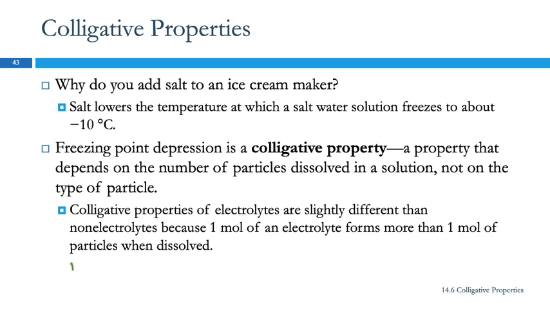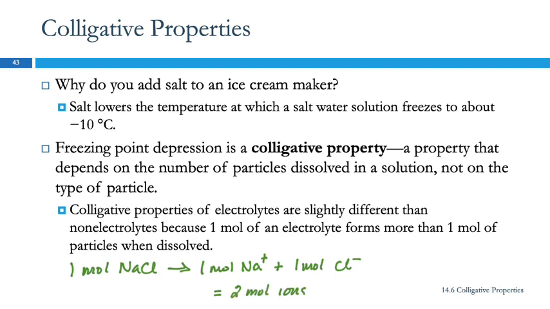If I take 1 mole of sodium chloride, that's going to make 1 mole of sodium ions and 1 mole of chloride ions, right? And so the total then is 2 moles of ions, of particles. So salt is going to work better than something like sugar, but you could also do sugar.